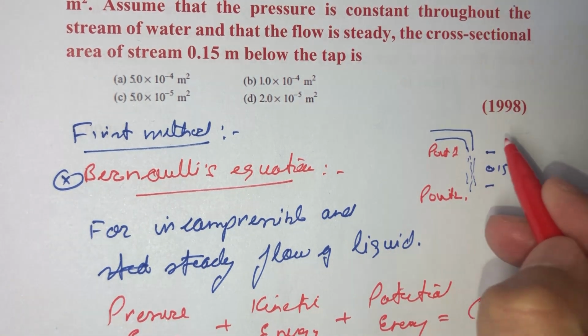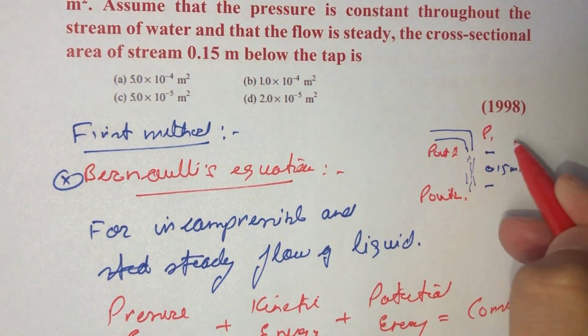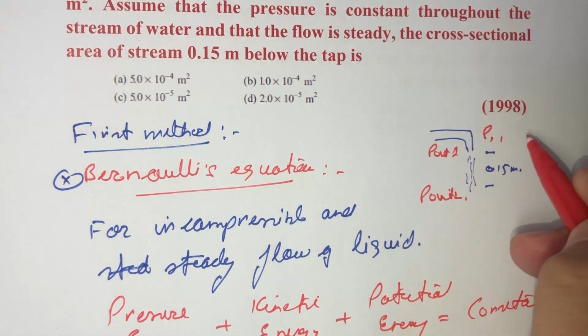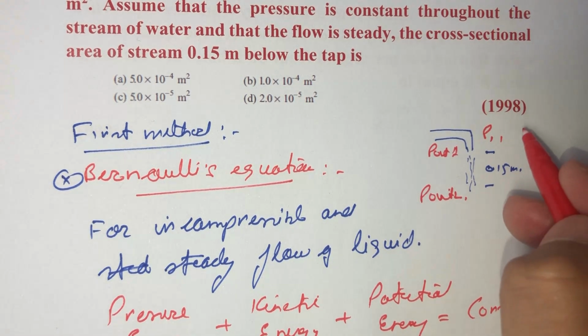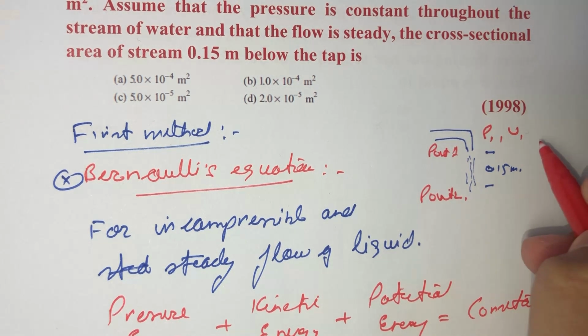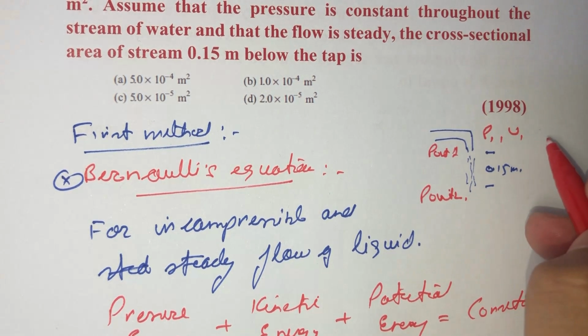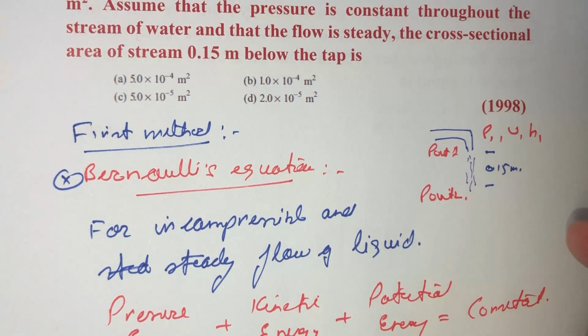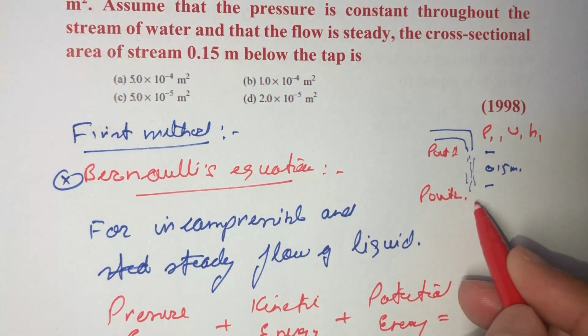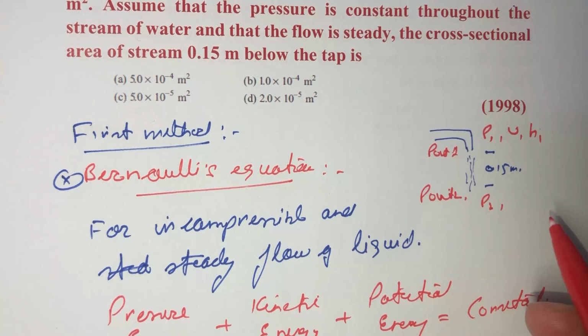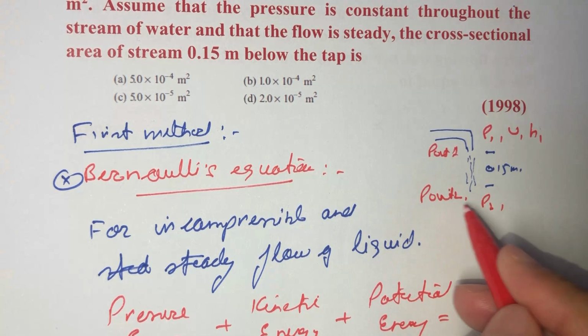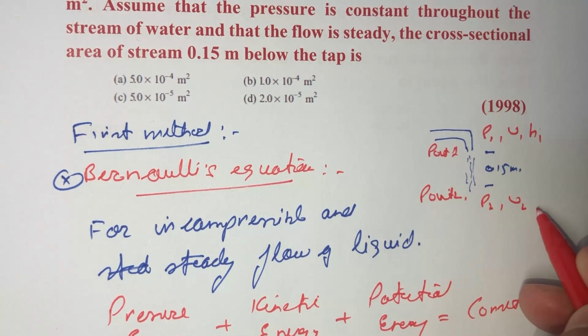So if we say the pressure at point 1 is P1, and velocity at point 1 is V1, H1 is the height of point 1, and similarly pressure at point 2 is P2, velocity is V2, and height is H2.